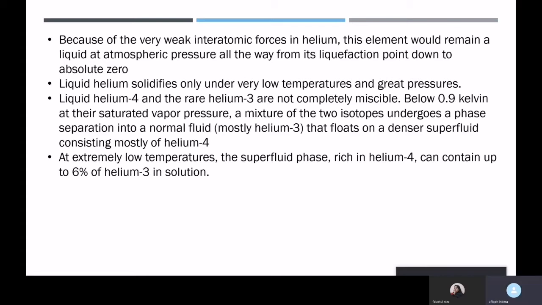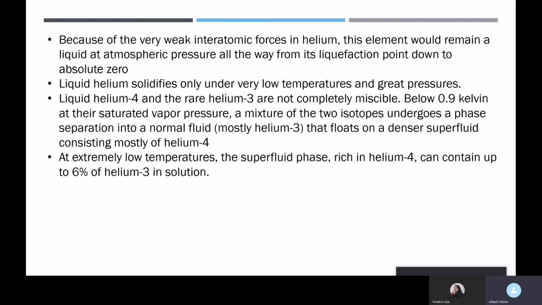For your information, liquid helium-4 and helium-3 are not completely miscible. Below 0.9 K, the mixture of the two isotopes undergoes phase separation into a normal fluid that floats on a denser superfluid consisting of helium-4.